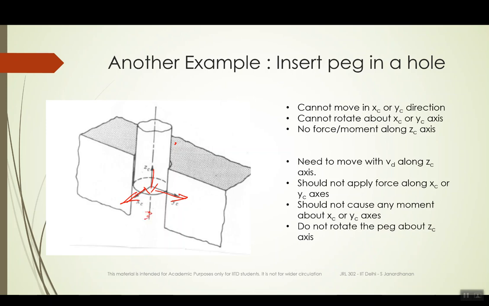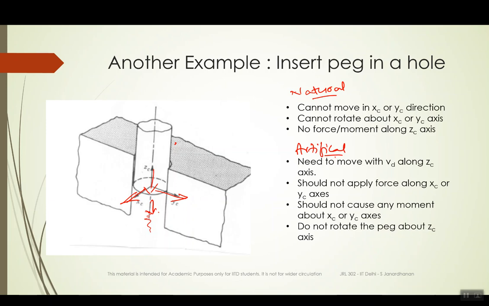And since there is nothing to impede the motion of the peg, there is no force along the z direction. Those would form the natural constraints because they do not depend upon the task at hand.